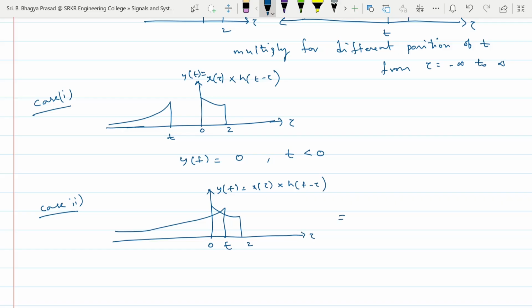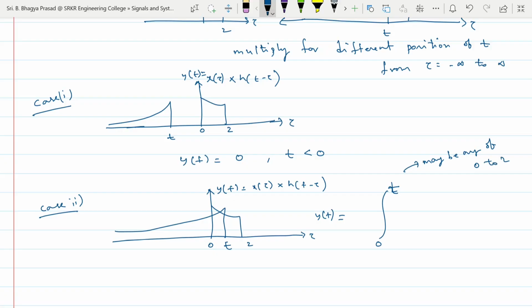This is given as y of t equal to an integral. Here the overlapping is in the range of 0 to t only, as t may be at any position in the range of 0 to 2. You should not make the integral limit 2 or any fixed value; we have to make it t.